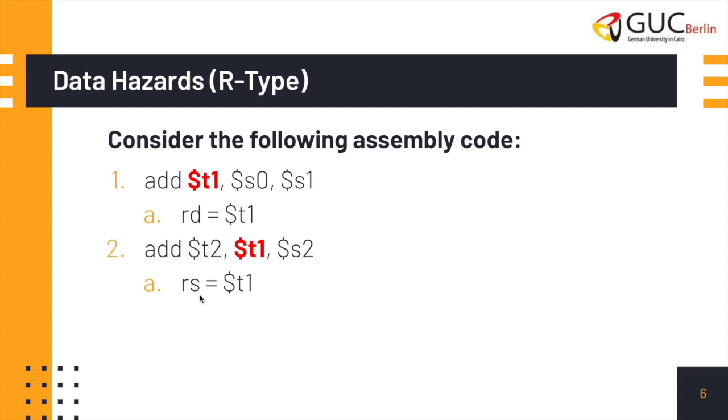So my RS register is T1, and in instruction 2 I should have the new, updated value of register T1, which was calculated in instruction 1. Here at instruction 2 I need to operate on the new value, and therefore we will perform forwarding.